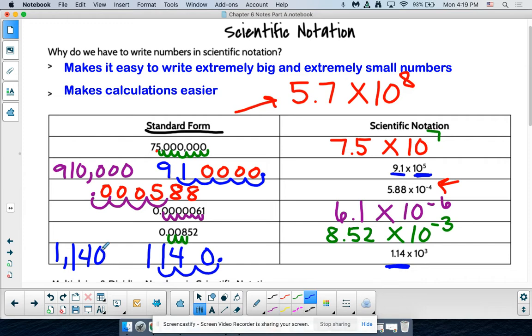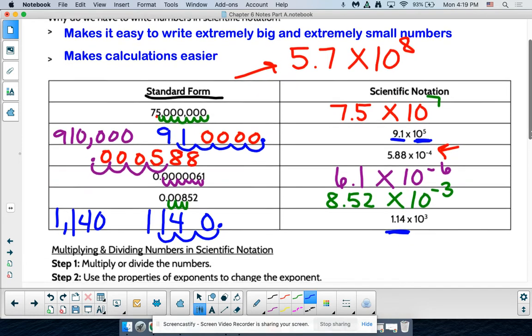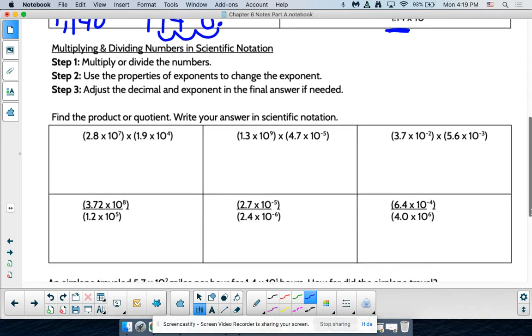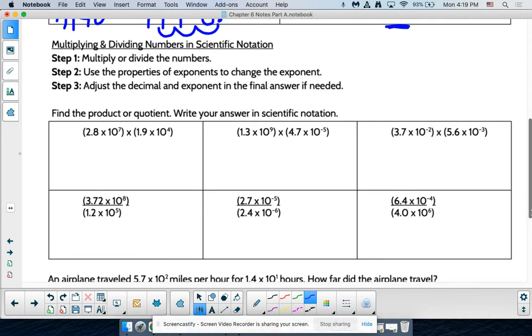Okay, I hope that was something similar to what you've seen before, a nice little review for you. Because really what we care about is not so much that you can go back and forth from standard to scientific, because that's something you should probably have already learned at some point in your schooling. We're more concerned with the calculations with these scientific numbers. So it's quite simple.